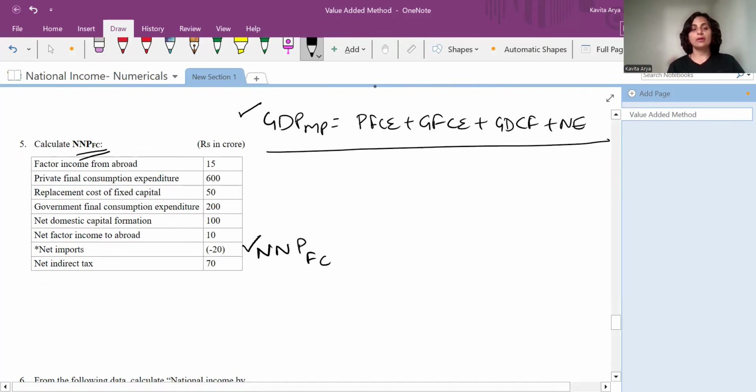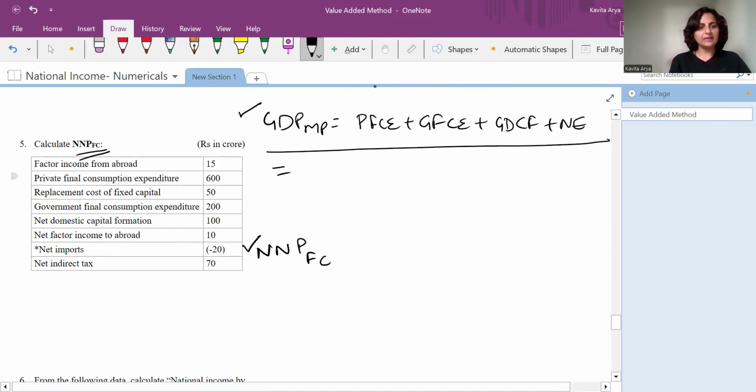The benefit of step marking is that if by chance you do not land on the right answer, if you go all together, you may be losing the whole content, all the marks, right? But if you have done it in 2 steps and your GDPMP is correct and you're mistaken at NNP at FC, you would be given step marking and partial marks would be awarded to you. So always follow this schematic progression of steps.